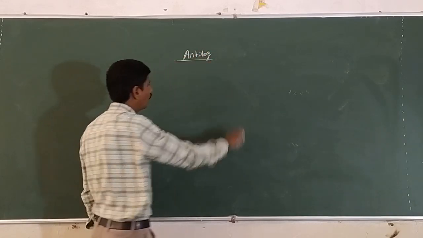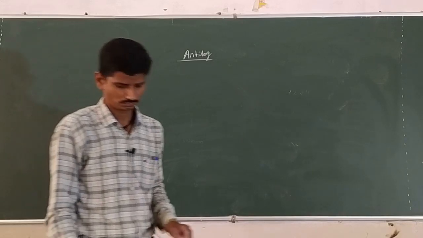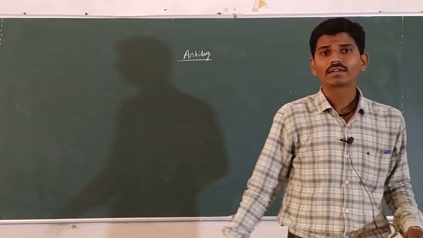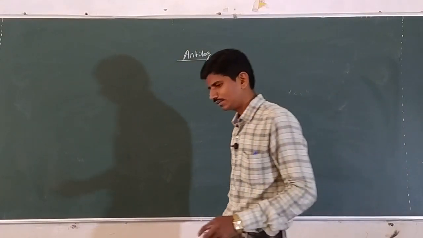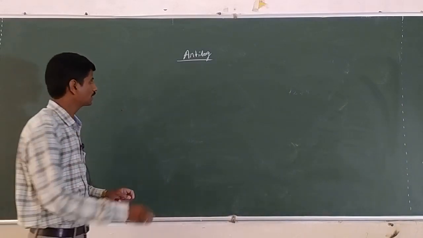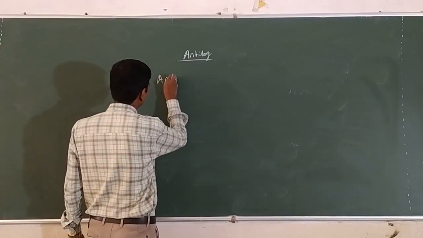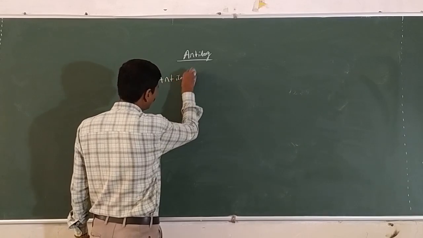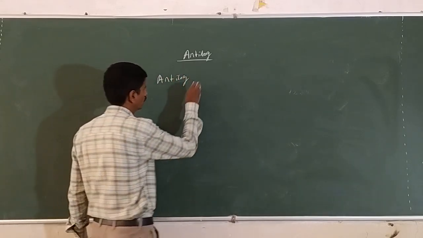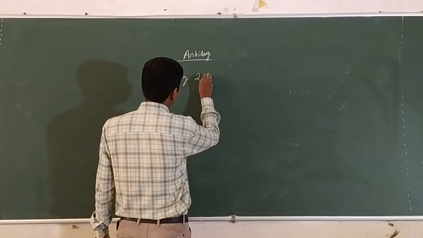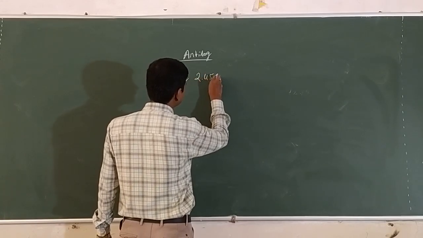How to calculate anti-log using the log table? See here, for example, find the anti-log of 2.4562.